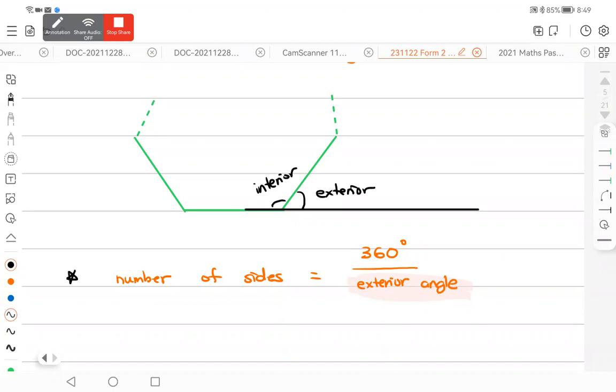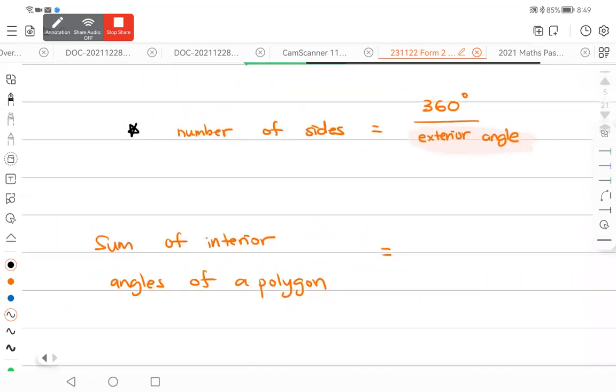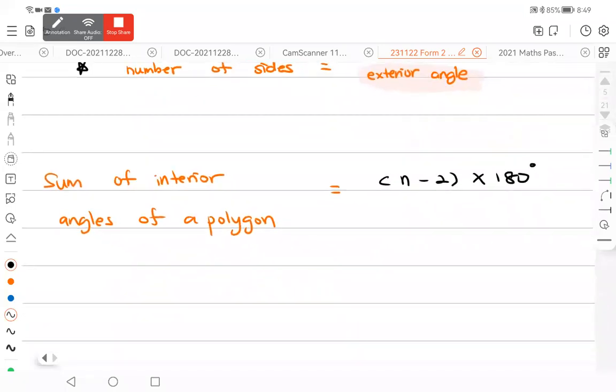If there is an incomplete polygon, to find the number of sides, this is the formula. Now, to find the sum of interior angles of a normal polygon only, it will be number of sides minus 2, times 180. If it's an irregular polygon, to find the balance angle, you have to find the sum first, then you minus.